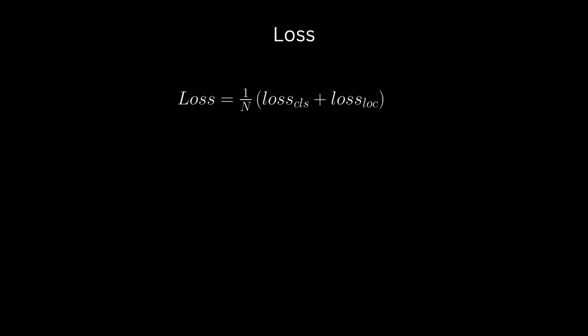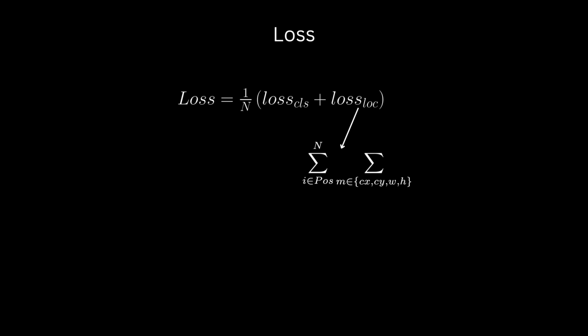Starting with the exact formulation for localization loss, this is sum of losses over all foreground default boxes, so boxes that are matched to a ground truth box, and for each of these boxes, we compute the loss for the 4 transformation parameters and sum them.